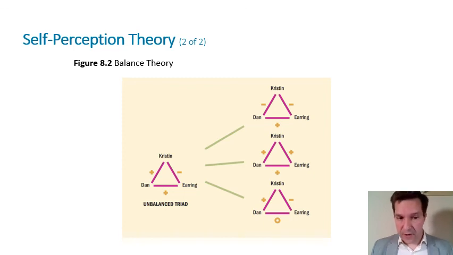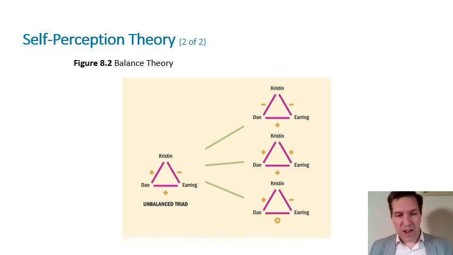Okay, so for example, imagine that you're in college, right? And you like a gentleman called Dan, right? And one day he shows up with an earring, and he didn't have an earring before. So assume that for you, earrings are not particularly attractive in gentlemen, right?